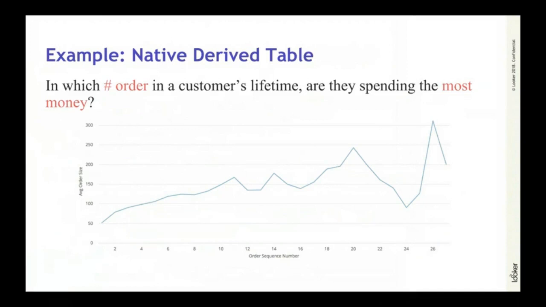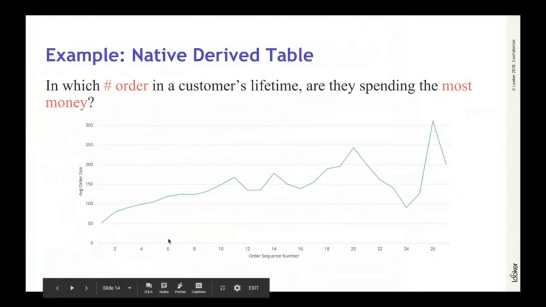So I want to figure out, for every single user and in each of the orders they've made, what the sequence number of that order was, and then I also want to know the amount that was spent on that order. From there, I'll have the fields I need to produce the analysis you see below.